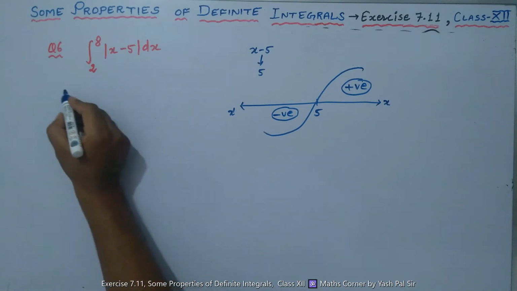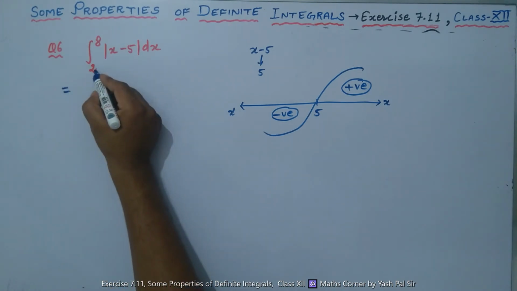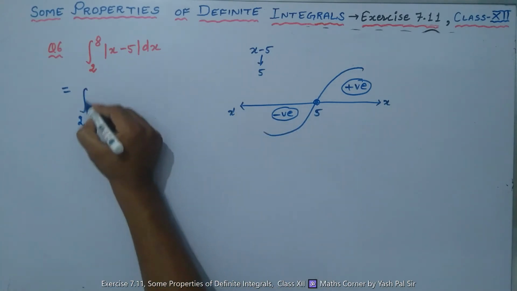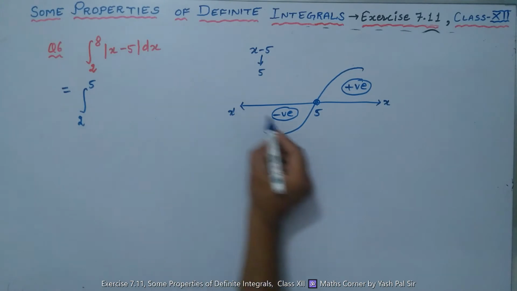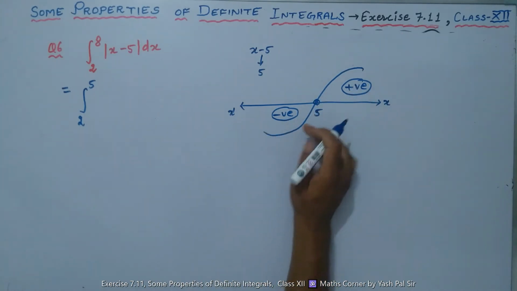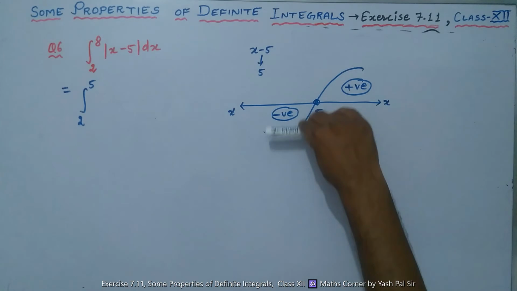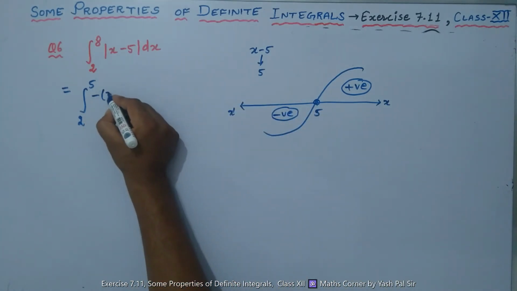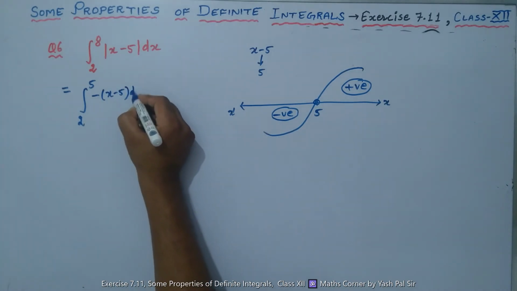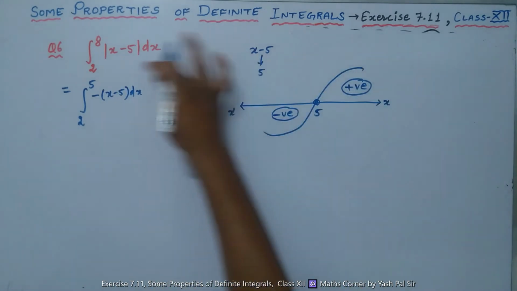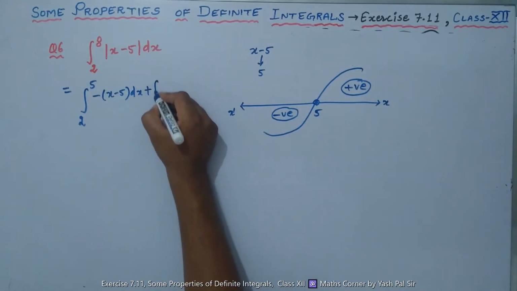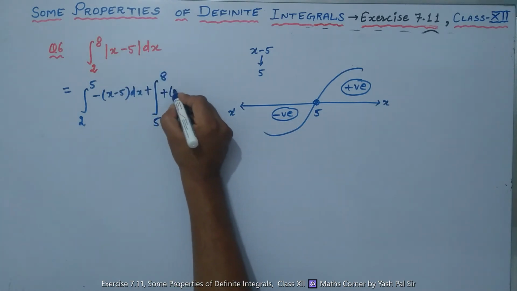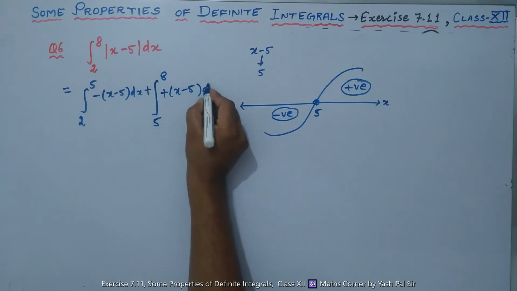So this question can be written as 2 to, stoppage is at 5. From 2 to 5 the function is negative, up to 5 the function is below the x-axis, that means y is negative, function is negative, so we put here minus x minus 5 into dx. After 5 to 8, this function is positive, x minus 5 into dx.